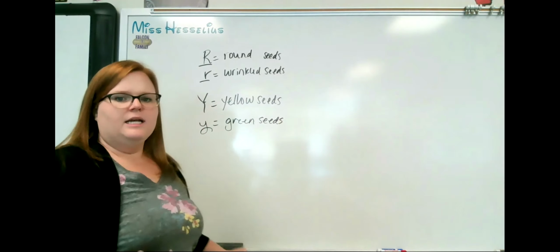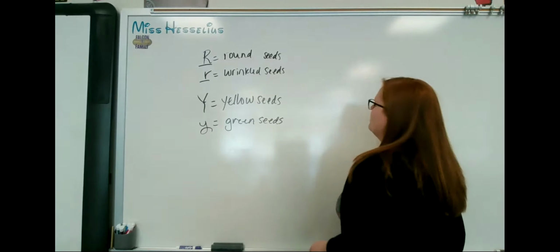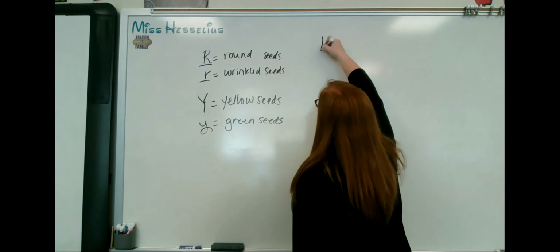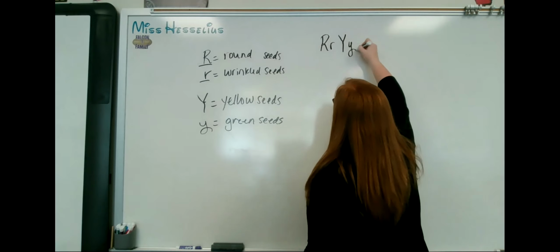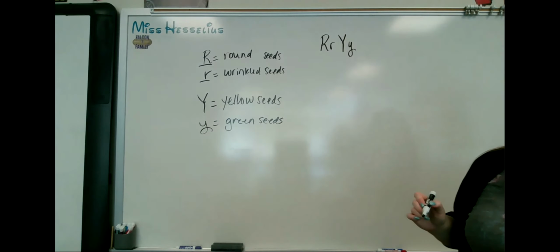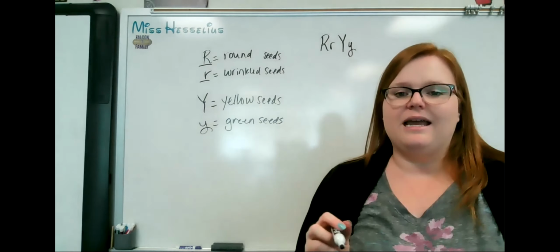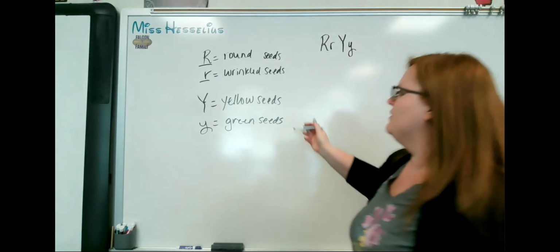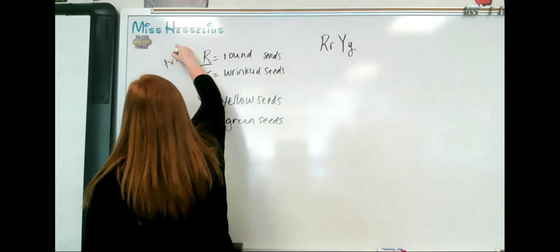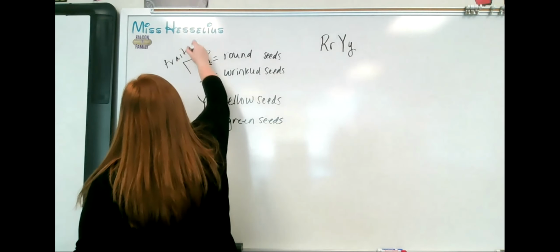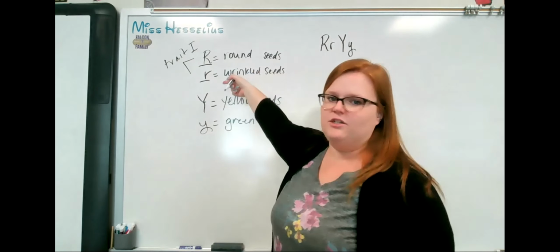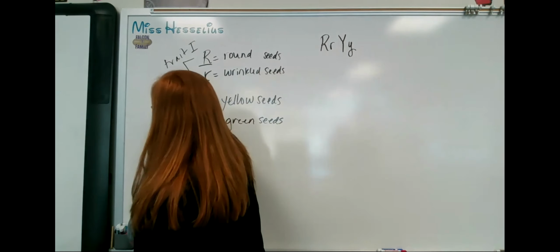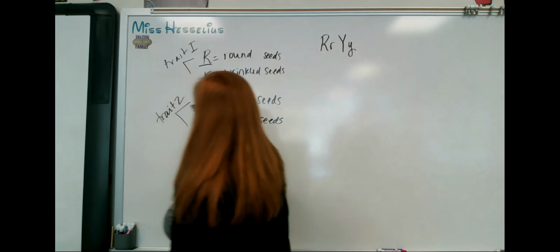Let's pretend that we're going to cross two parents who are heterozygous for both traits. We're doing a dihybrid cross. Dihybrid means two traits. So trait 1 is type of seed, or seed shape, and trait 2 is seed color.